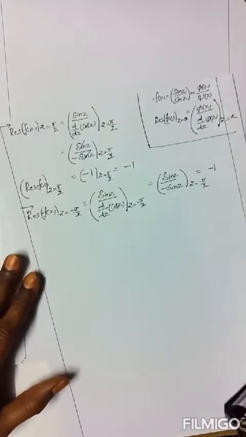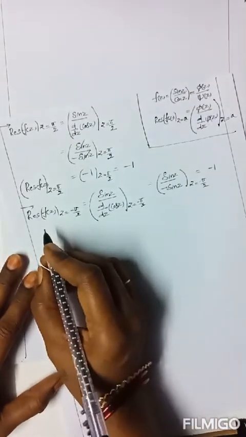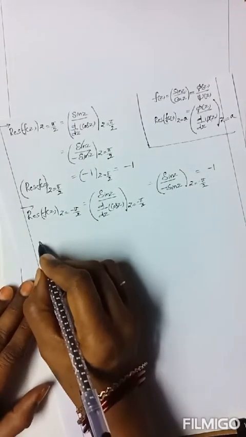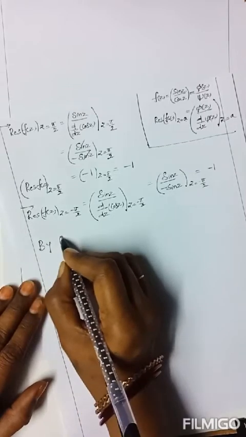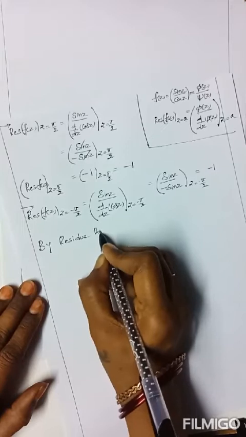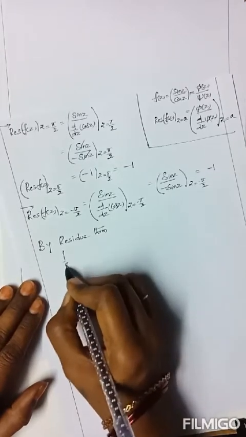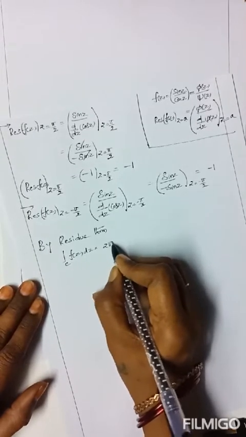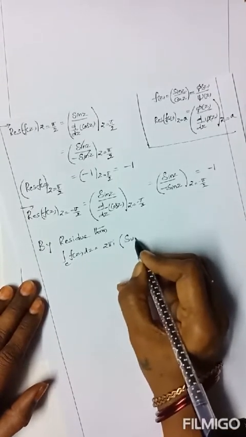After that, by the residue theorem, the integral over c of f of z dz equals 2 pi i times the sum of the residues.